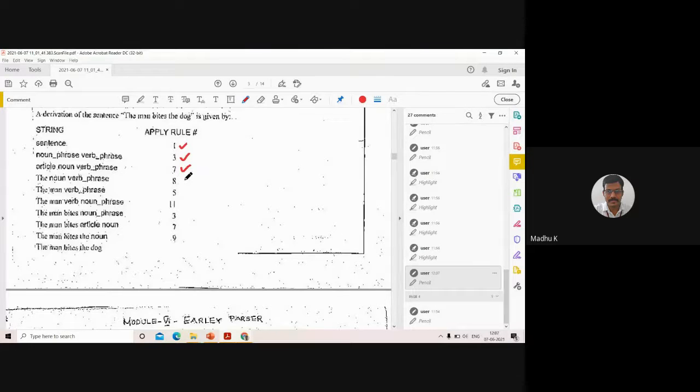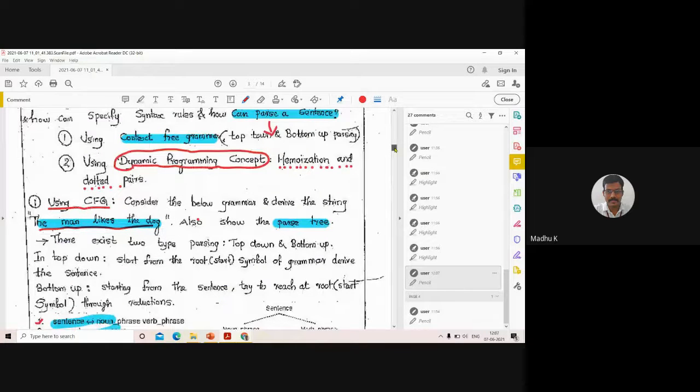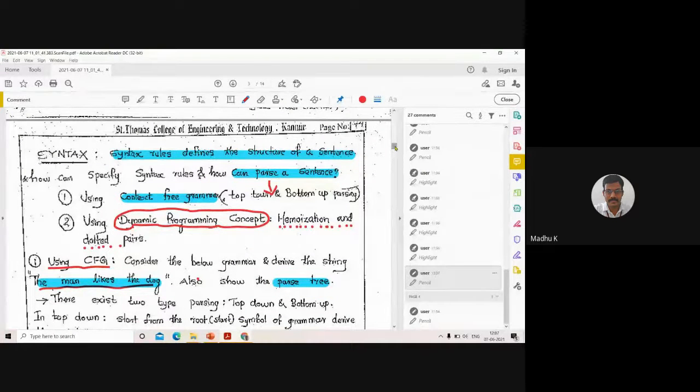In this order we are applying, and I used this to explain how this tree can be derived. You can use any idea. So this is about using context-free grammar and top-down or bottom-up parsing.